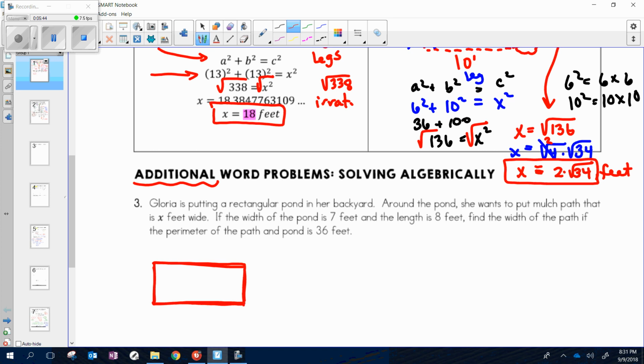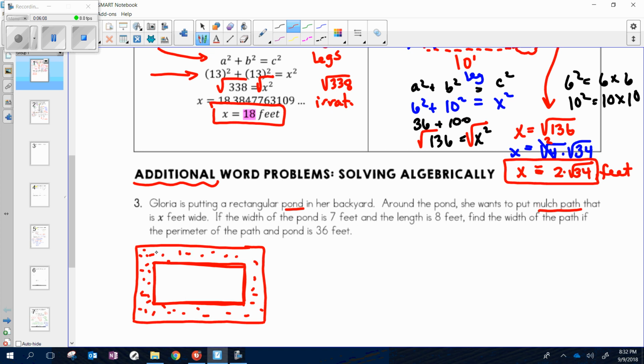Weird that she's doing a rectangular pond, but anyways, around the pond, she wants to put a mulch path. That's not so weird. A lot of people do that. So she's going to put this pathway around, just like you would put concrete around your pool. So we'll pretend this is mulch, right? Okay. So there's our mulch.